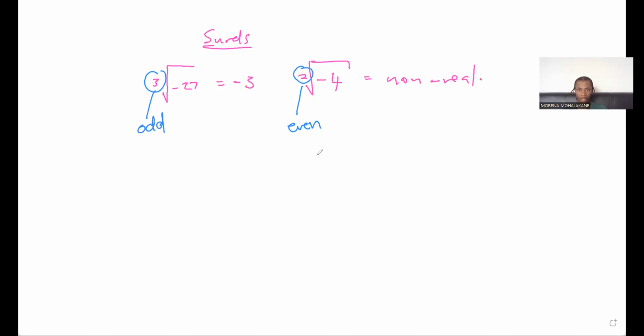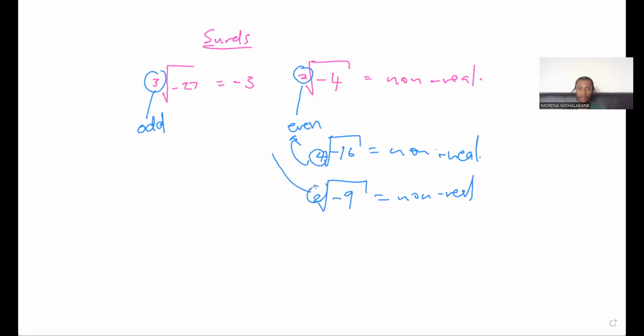Another example can be the fourth root of -16. This is non-real because this 4 is an even number. The square root of -9 does not exist. This is non-real because this is an even number.